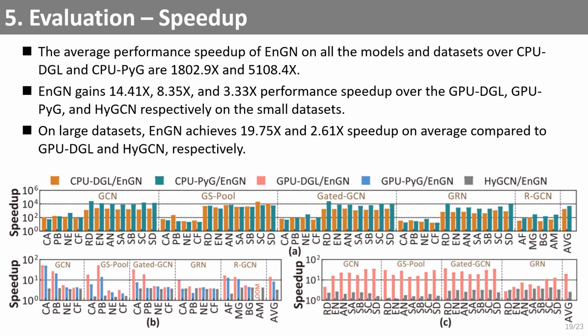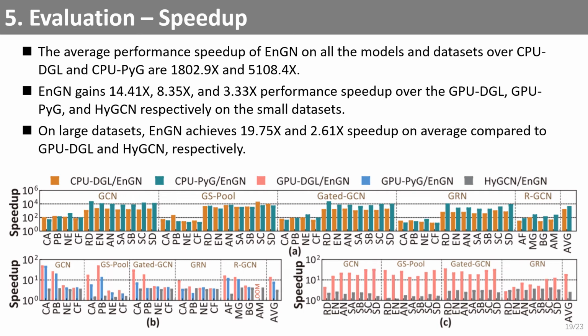We compare the performance of EnGN to the baseline computing platforms. The result reveals that EnGN outperforms CPU and GPU in all cases, and the average performance speedup of EnGN on all models over CPU DGL and CPU PYG are 1802.9 and 5108.4.